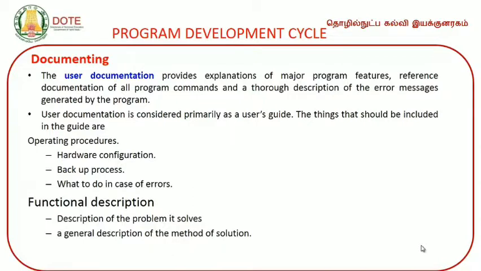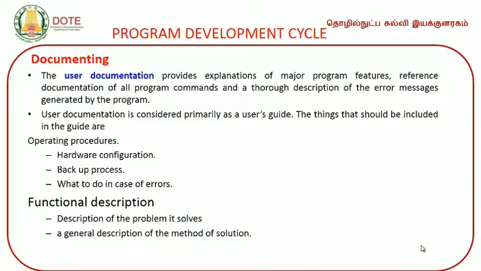The user documentation provides explanations of major features of the program, reference documentation of all program commands, and a thorough description of the error messages generated by the program. User documentation is considered primarily as a user's guide.